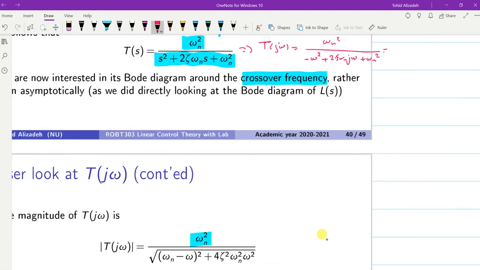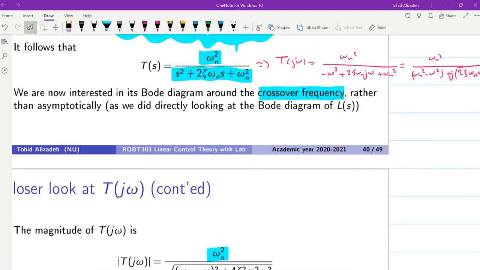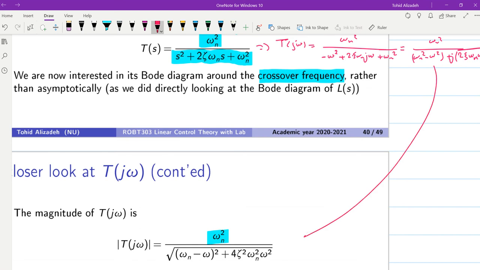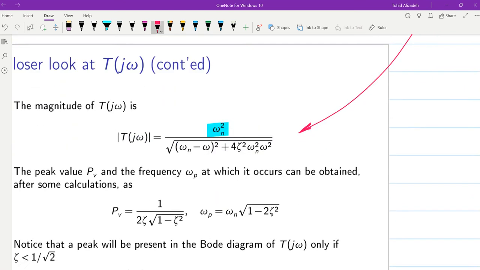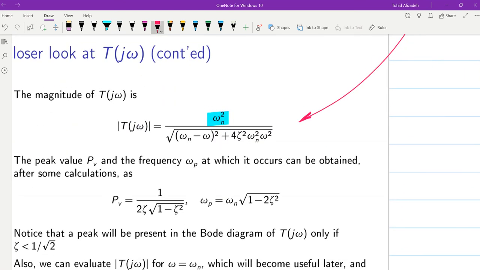And then you add the denominator terms. You just take the real parts, omega n squared minus omega squared, plus j times 2 zeta omega n omega. And then you can find out the amplitude as we have it over here.